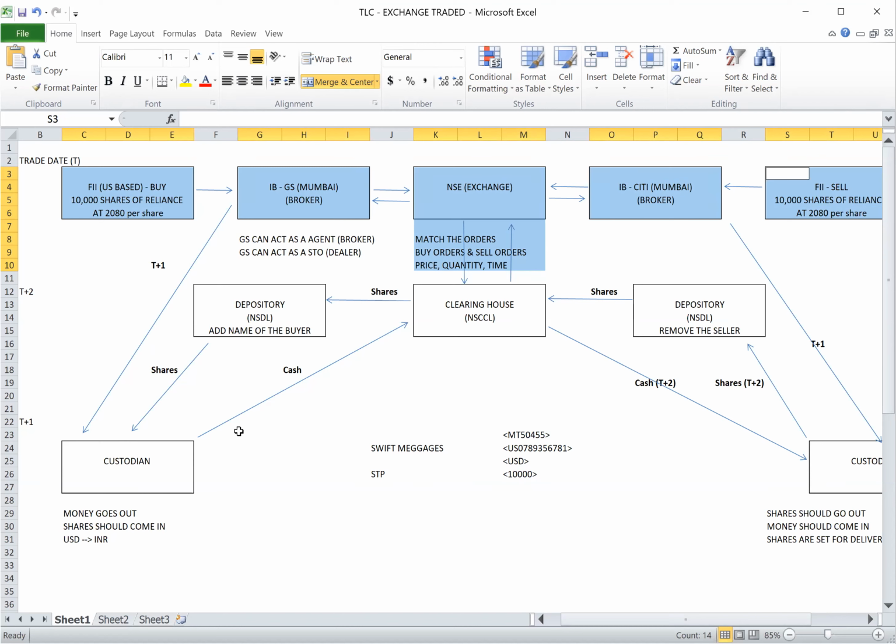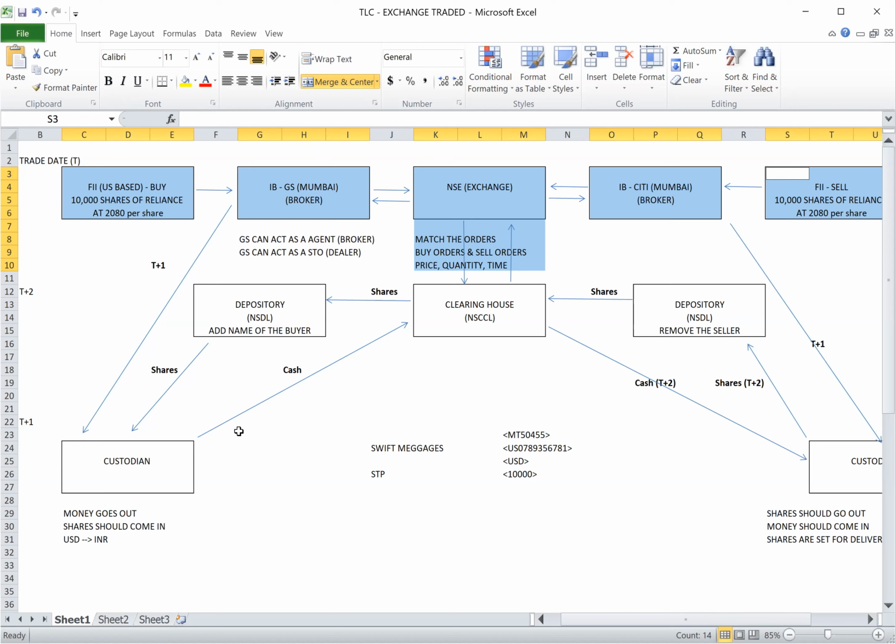The execution confirmation by exchanges would happen on the trade date itself. As soon as your order is executed, within a minute, you will get your confirmation that your trade is executed.